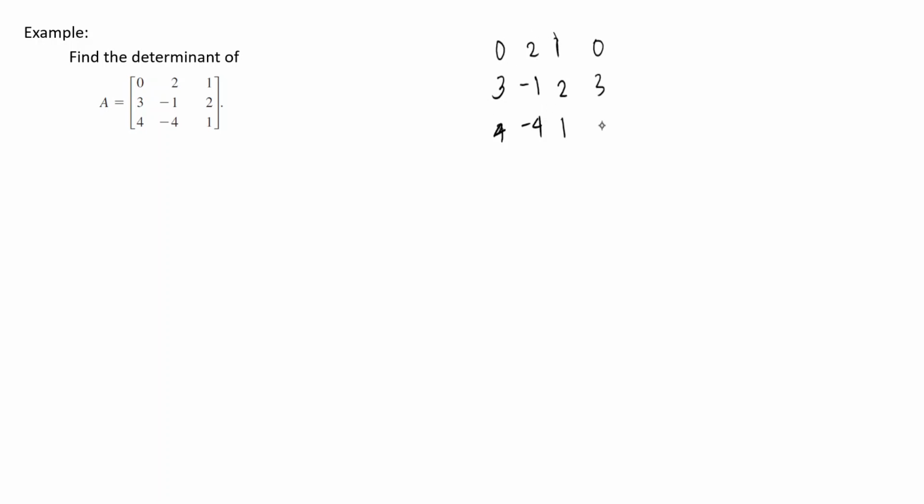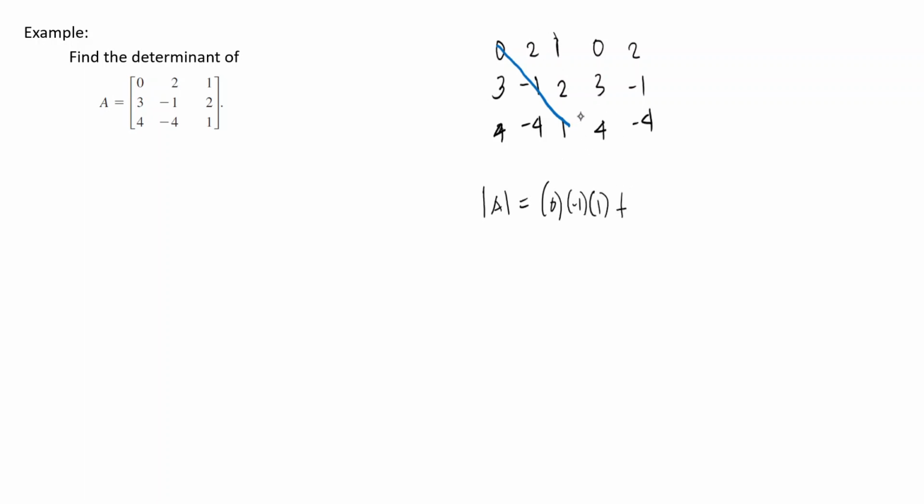So 0, 3, 4, 2, negative 1, negative 4. So you do the multiplication of the diagonals. Start from here. And then we subtract the products of this. Okay, so that is the determinant of A is equal to product of this. So that's 0 times negative 1 times 1.